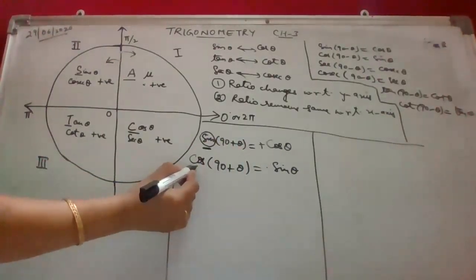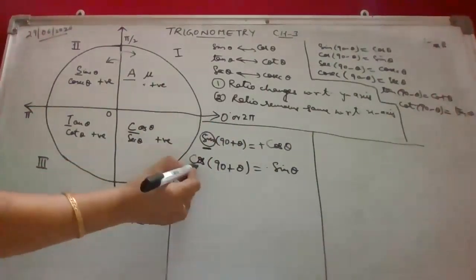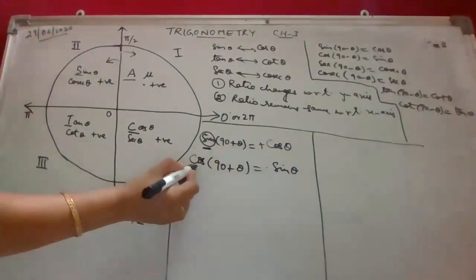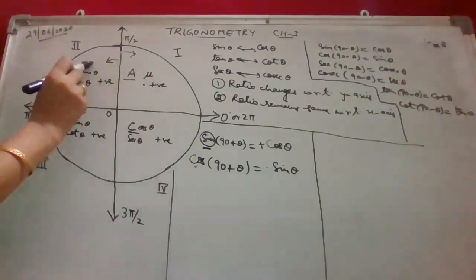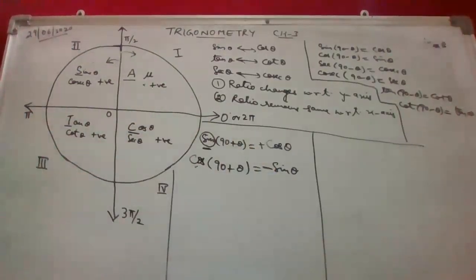So the ratio changes to sin theta, but the sign that we have to apply, plus or minus, will be with respect to this ratio on the left hand side. The left hand side is cos theta. Cos theta is negative in the second quadrant, so this means it is minus sin theta. Okay, so cos 90 plus theta is minus sin theta.